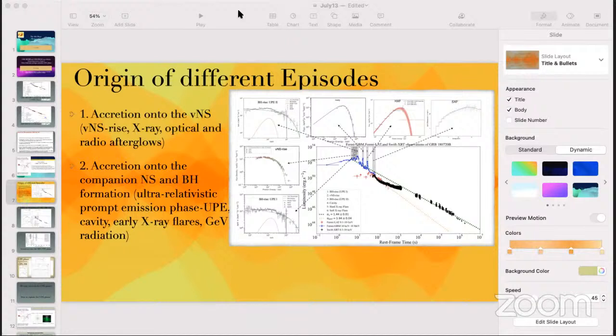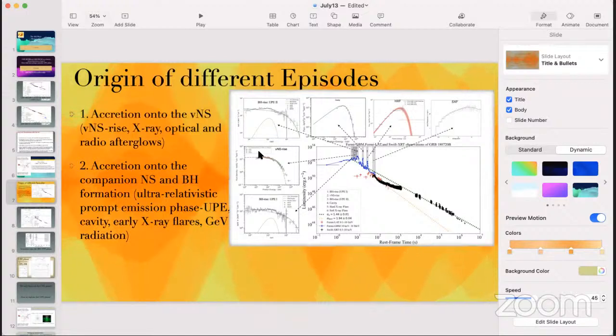And the same physics, this is the masterpiece of the work we did with Jorge, the same physics applies to massive black holes in active galactic nuclei. But without the GRB and the machine, the inner engine, we could not understand the M87.